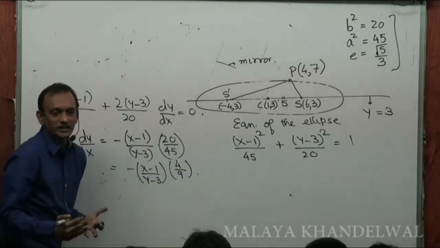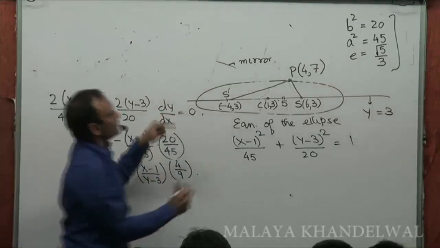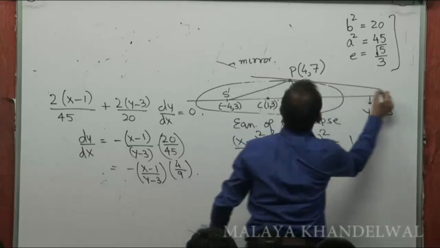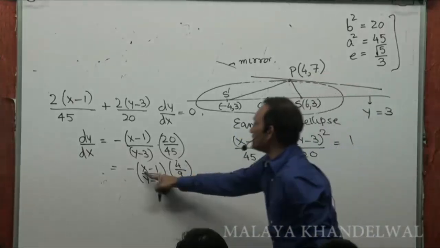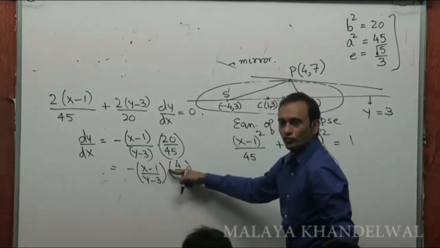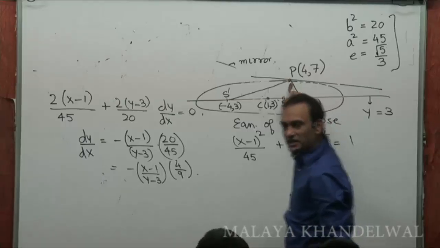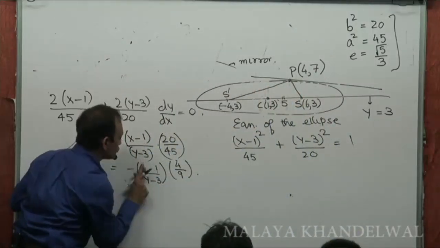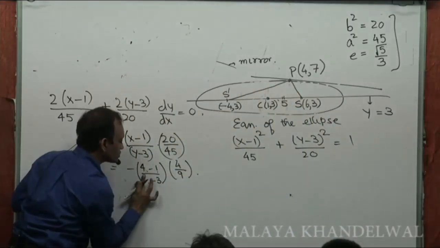That's the slope of the tangent at any point. So to find the slope of this tangent, put x equal to 4 and y equal to 7.